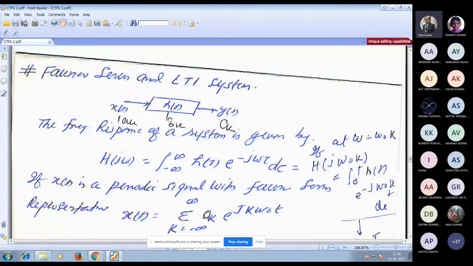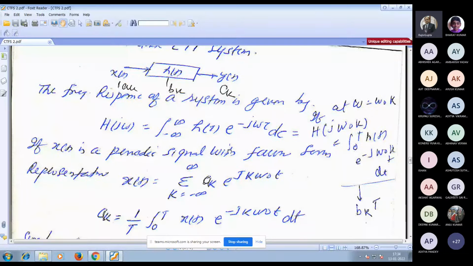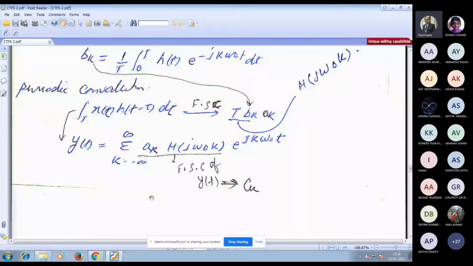If I want to write y of t, which is again a periodic signal, in terms of Fourier series coefficients, you can use this very easily: y of t is equal to the sum from k equals minus infinity to infinity of ak H of j k omega naught e to the power j k omega naught t, where this entire term ak H of j k omega naught is the Fourier series coefficient of y of t, which is nothing but ck.